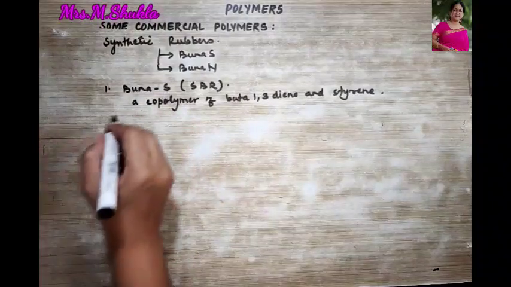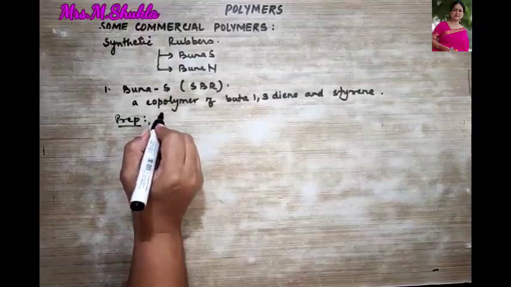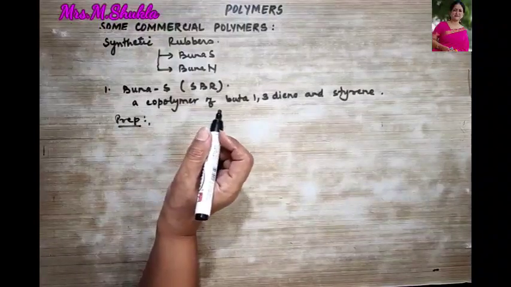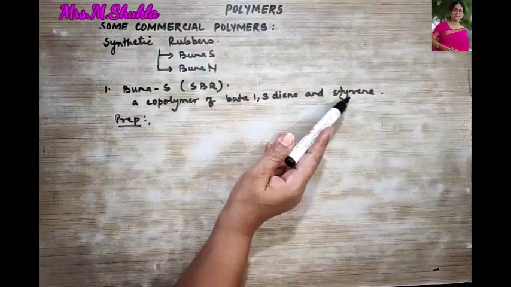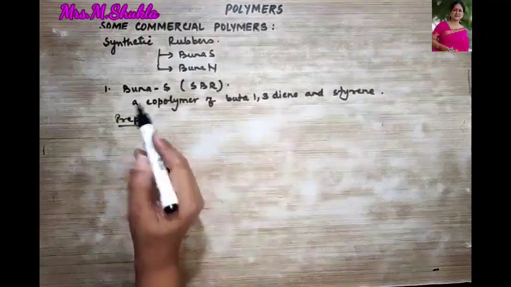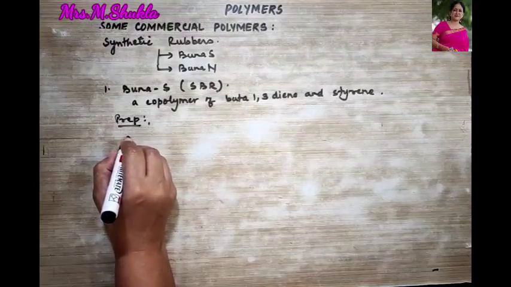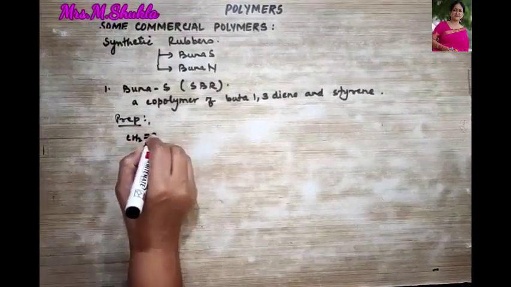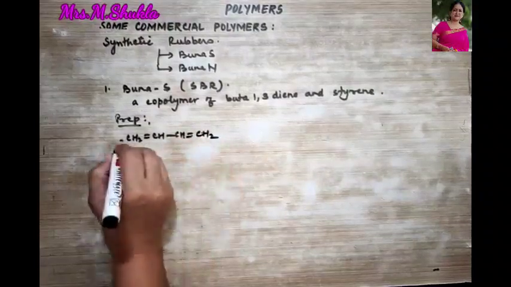So how is it prepared? It is prepared by the addition polymerization of buta-1,3-diene and styrene in the presence of sodium metal. So let us see what is buta-1,3-diene. How do we write it down? CH2 double bond CH, CH double bond CH2.